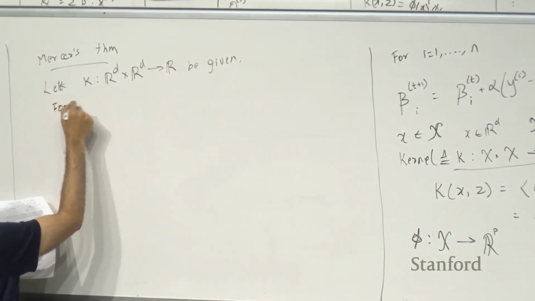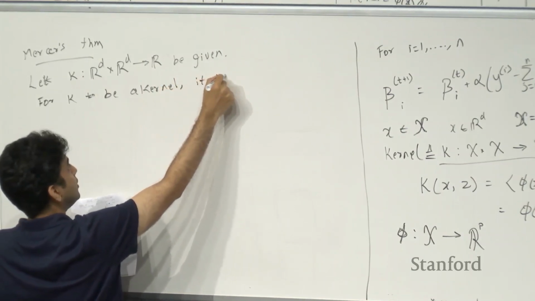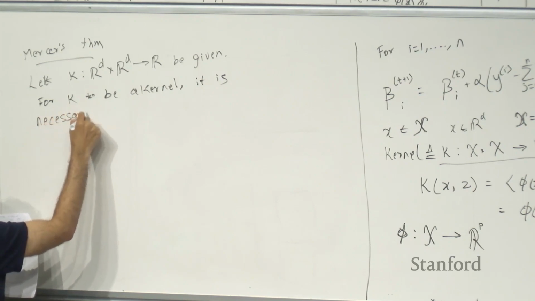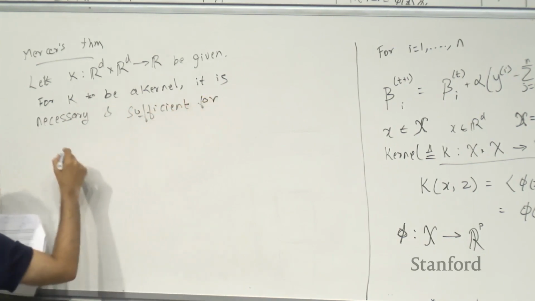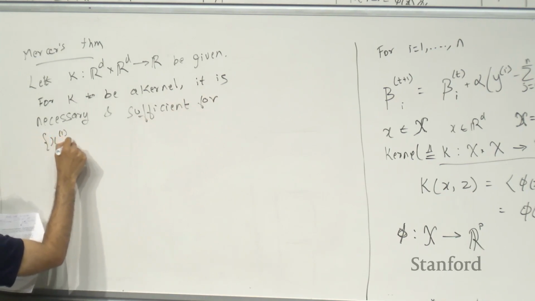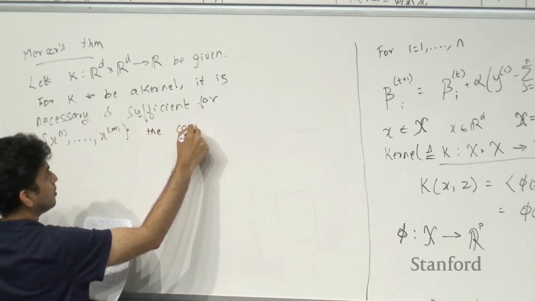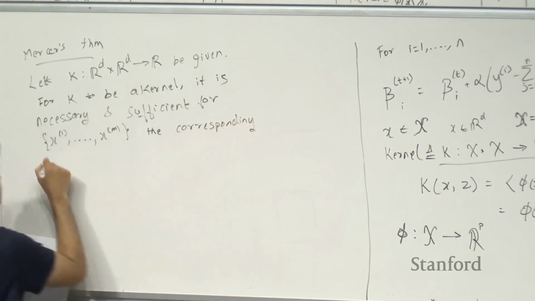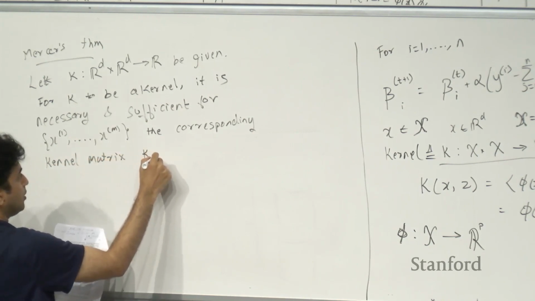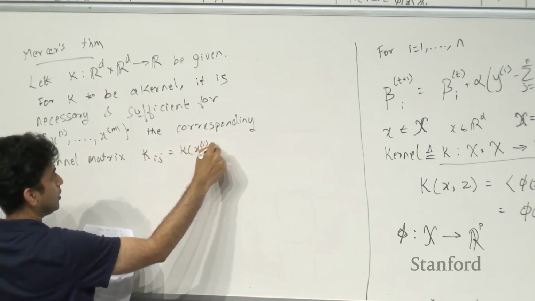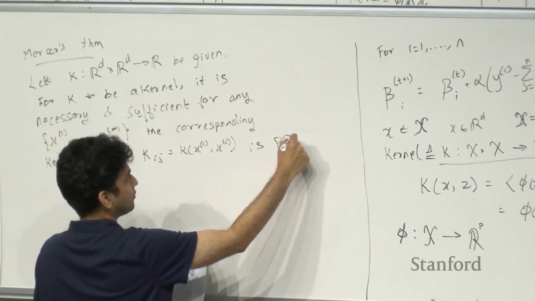Then for k to be a kernel, it is necessary and sufficient for x1 through xm, the corresponding kernel matrix Kij equals k of xi, xj, is positive semi-definite and symmetric.